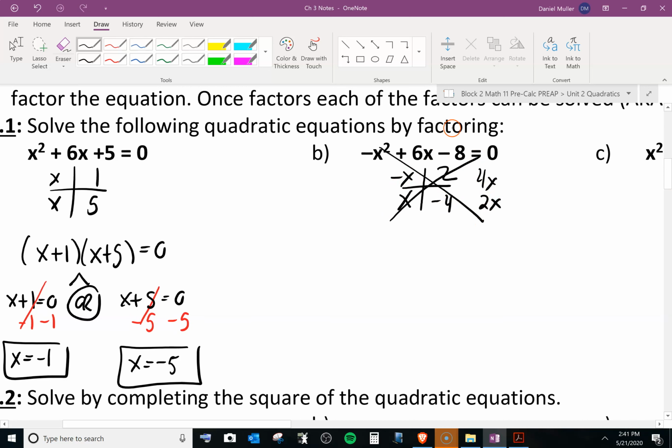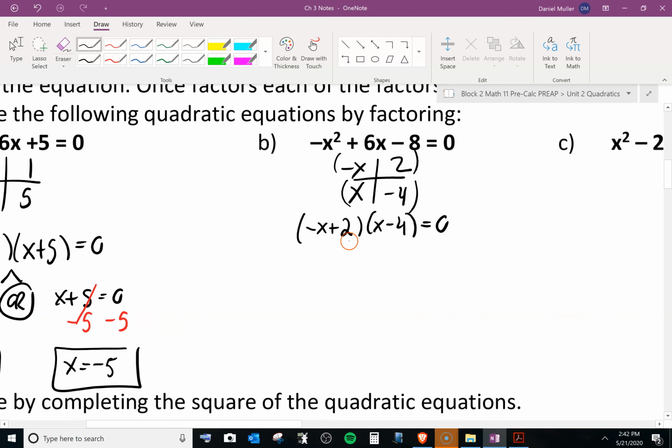You add them up, you get a positive 6x, which is what we wanted. So you've got this factor, negative x plus 2, and this one, x minus 4, is equal to 0. So we've got two separate equations. Negative x plus 2 equals 0, or x minus 4 equals 0.